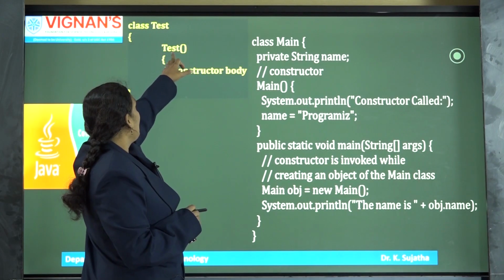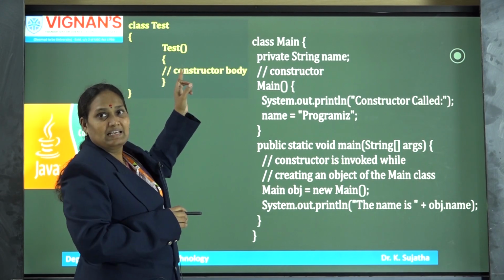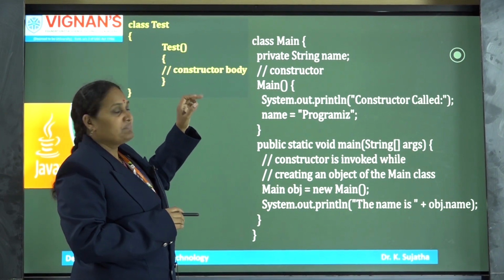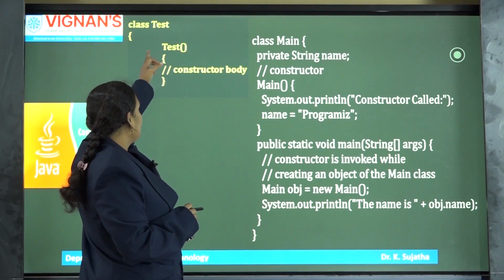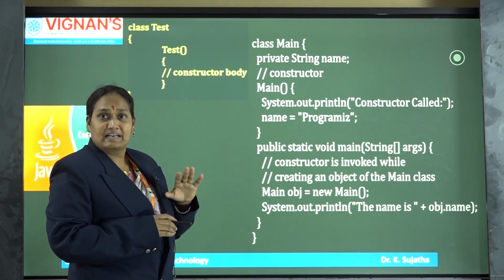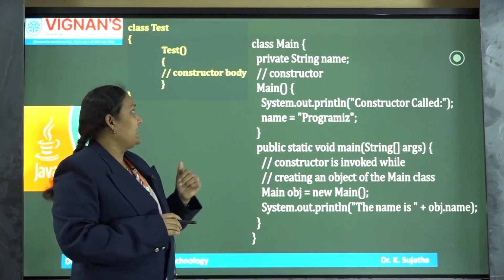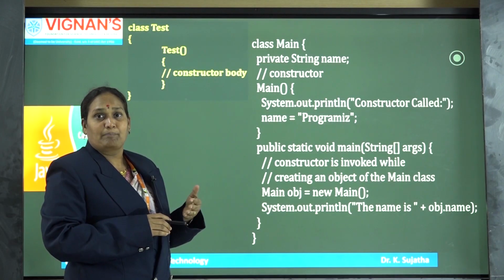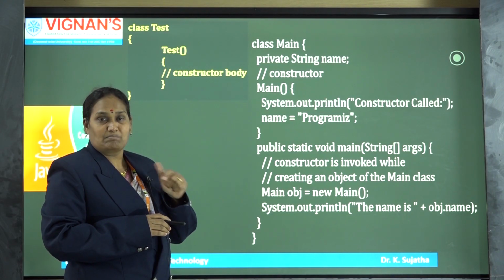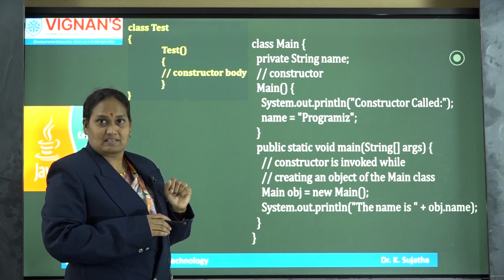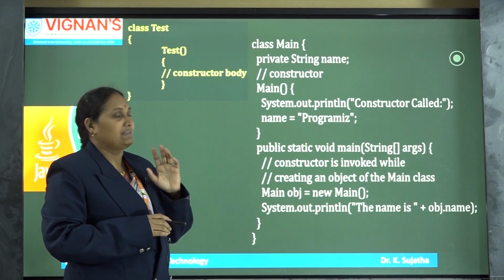That's why here I have used the same name for defining the constructor. And also we discussed that the constructor doesn't have any return types, so I have not mentioned any return type, but I can represent a constructor as public or private by using an access modifier.